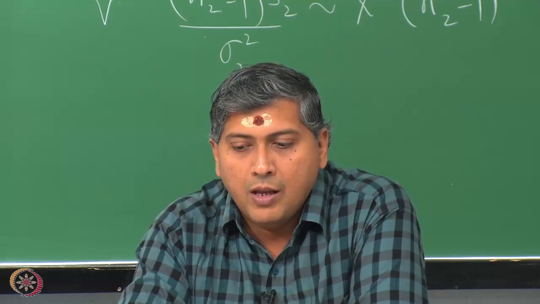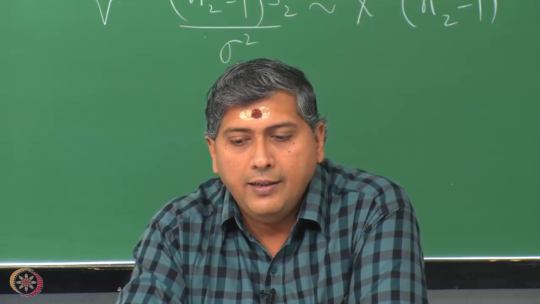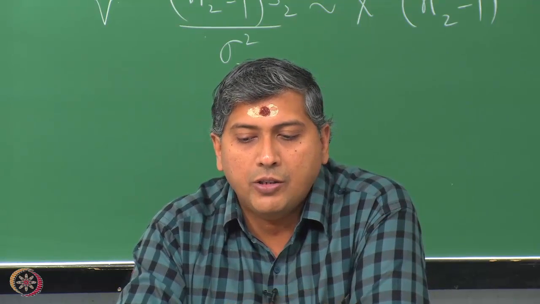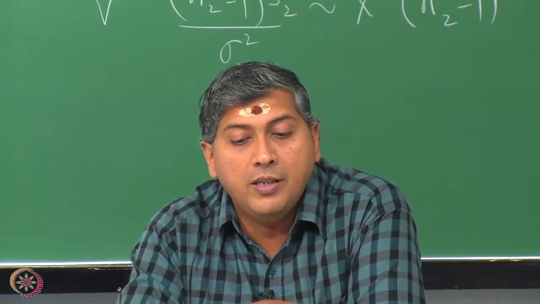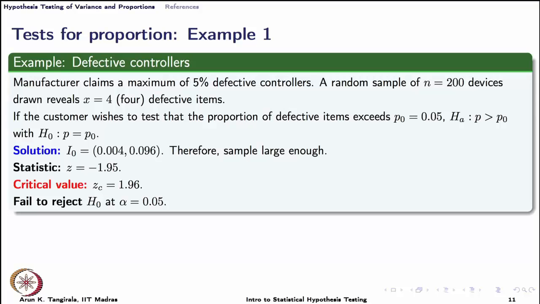On the other hand, if I had postulated a value of 0.005, that is, if the manufacturer had said that there are only 0.5% defective controllers, and I wanted to use this test, you will find that with this sample size it is not possible to test that, because the confidence interval will include a 0.